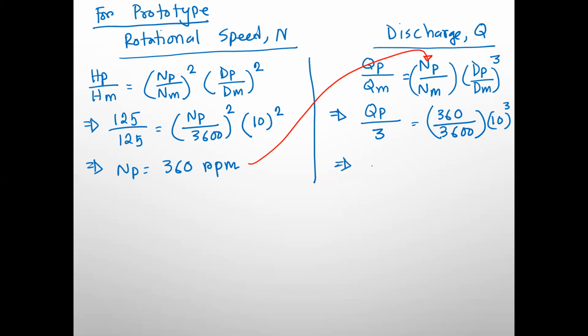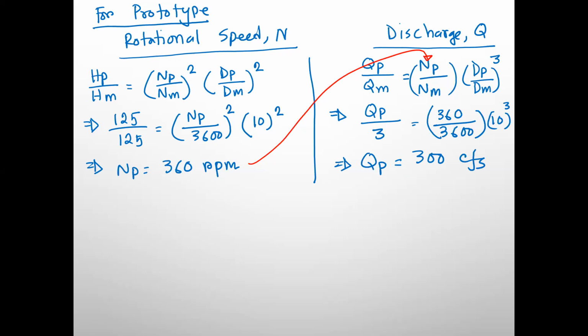And if we do the calculation, that QP will be 3000. Right? Okay, so now we got the rotational speed, we got the discharge. Now we need to find out the power output for the prototype.